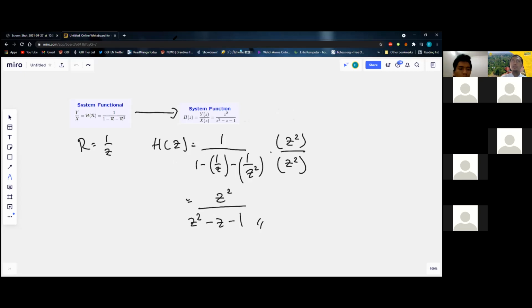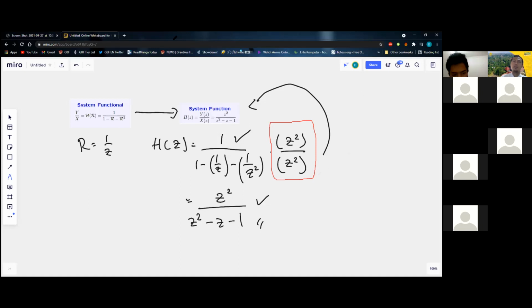Okay, it seems to be correct, but my question is why we need to multiply with this one? Oh no, I'm just simplifying the equation, sir. So I multiply it with z squared over z squared so that I can get the equation from the picture you gave us.